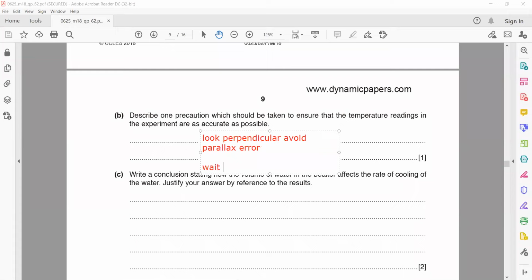Or wait for the temperature to rise to its maximum value.